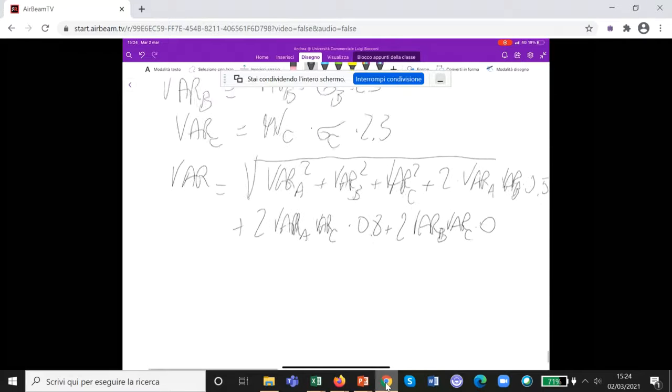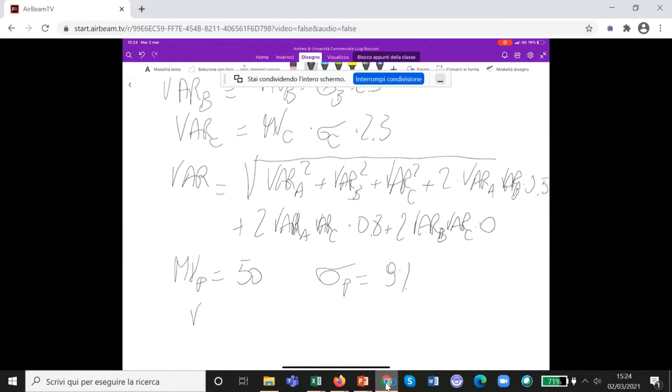Now, what is more interesting is using the volatility of the rate of return of the portfolio as a whole. Basically, the table is also giving you the volatility of the portfolio, okay? Now, the portfolio as a whole has a market value which is 50, so the sum of the values of all the three stocks. And it gives you also the volatility of the portfolio as a whole, which is 9%, okay?